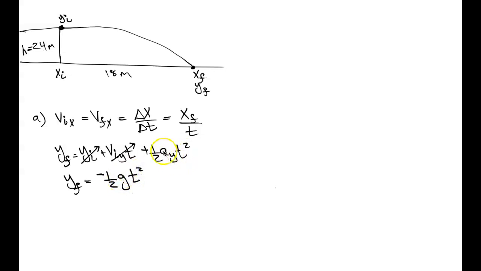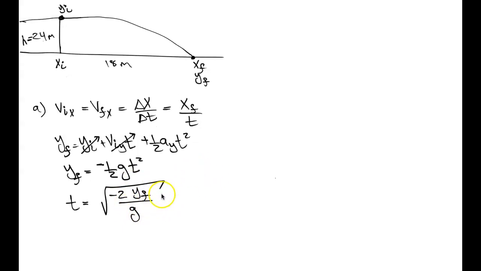So we substituted a y for minus g in this case. And then t is going to be the square root of minus 2 y final over g, which we know.